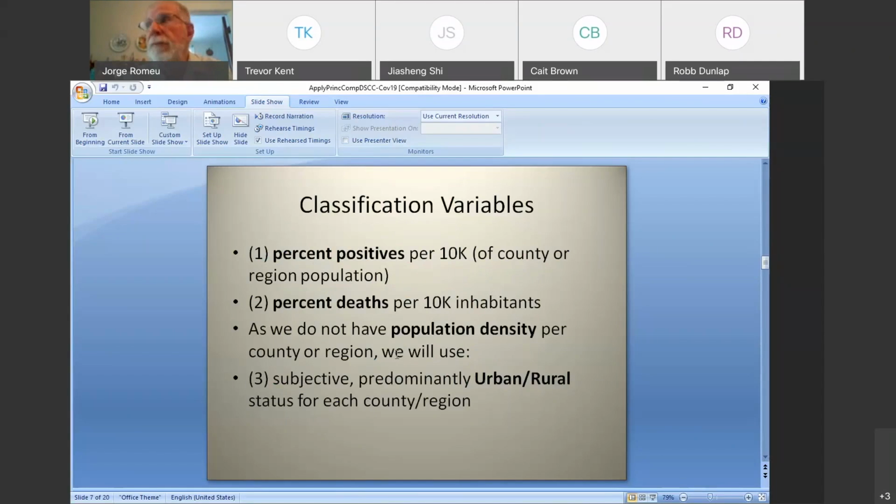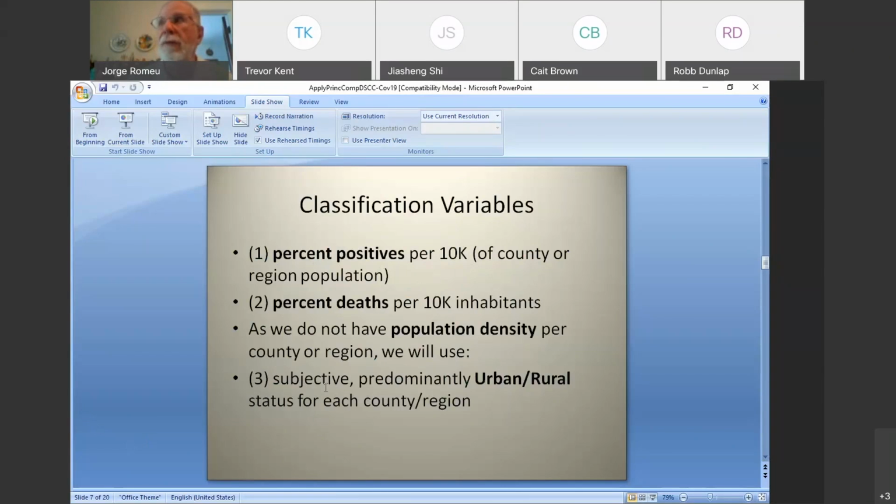And that's natural because the United States is a country of 330 million, and the largest industrialized nation in Europe is Germany that has 100 million. So you have to standardize your variables. That's why we deal with percent positives per 10,000 inhabitants of the county or the region, percent deaths per 10,000, and so on and so on.